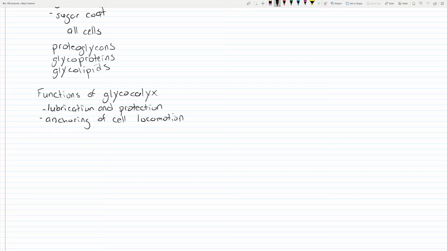And binding specificity, so receptor function.